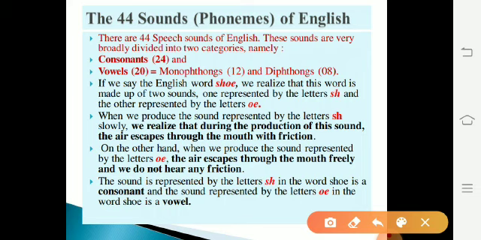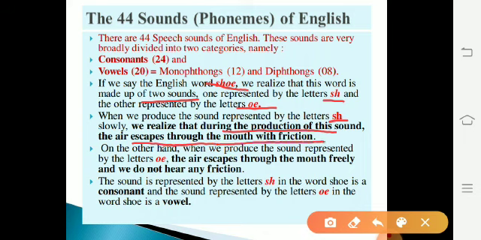If we say the English word shoe, we realize that this word is made up of two sounds, one represented by the letters sh and the other represented by the letters oo. When we produce the sound represented by sh slowly, we realize that during the production of this sound, the air escapes through the mouth with friction.